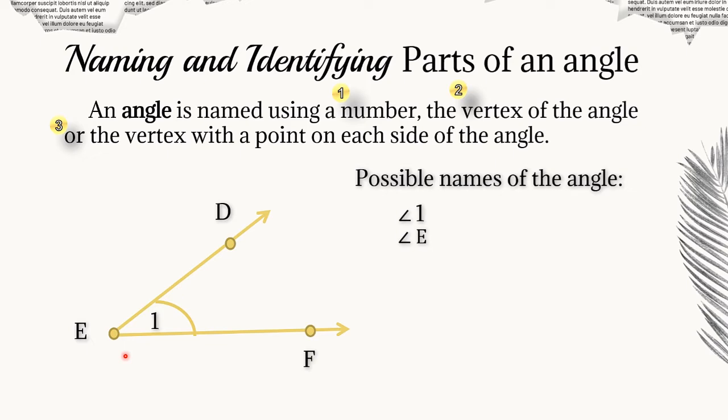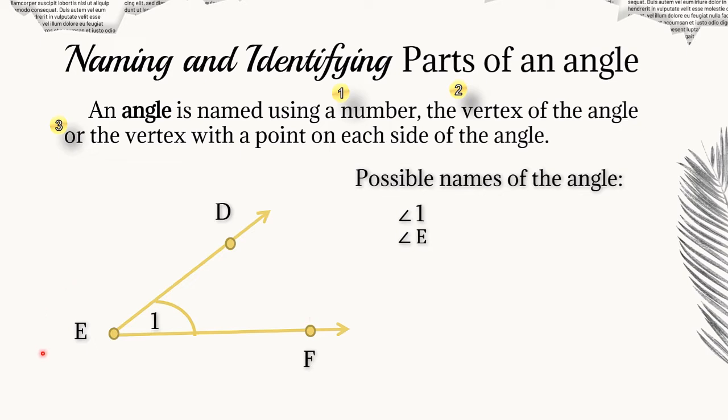Manggagaling yung points na yun galing sa ray, sa side ng ating angle. So, ito yung vertex. Dapat ito daw ay nasa gitna. Titingin ngayon tayo sa side. Yung points na makikita sa ray is si point D at si point F. So, those are the points na makikita sa sides ng ating angles.